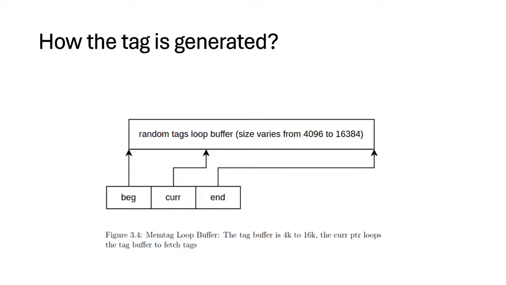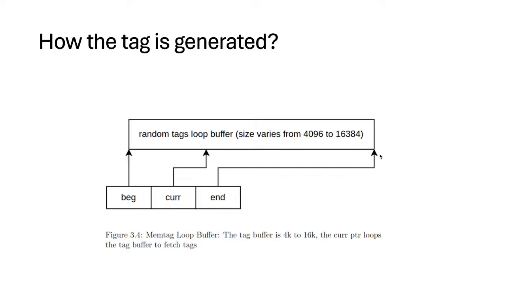The size of the buffer will be different each time you run a program. And each time you call, for example, memtag.random, it will extract the color from the buffer and put it back here.